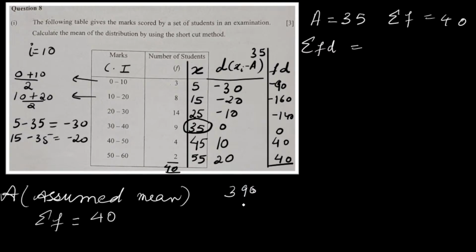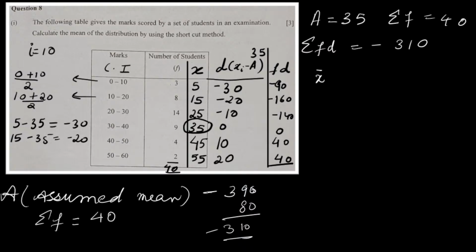It is 390 minus 80, because when you are adding minus 90 and minus 160 and minus 140, you'll be getting minus 390, because minus minus is plus. 40 and 40 is 80. So you'll be getting minus 310. Sigma fd we are getting minus 310.